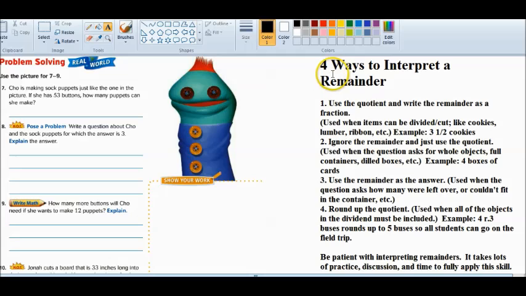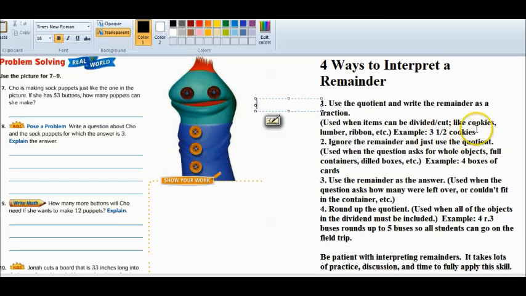So let's review the 4 ways to interpret a remainder that we briefly discussed today. Number 1, we can use the quotient, which is the whole number portion of our division answer, and write the remainder as a fraction. So we could have an answer like 3 1/2 cookies.